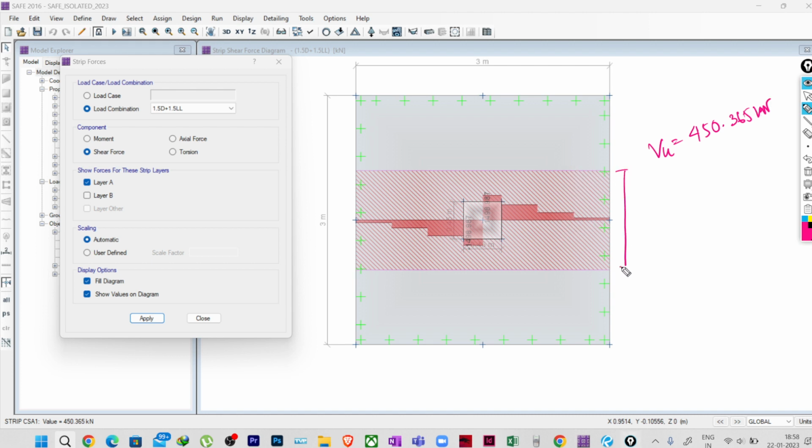Now this is for how much width? It is for 1200 mm width, but we want this to be for 1 meter width. What is the shear force per meter width? So this 450.365 kilonewton needs to be divided by 1.2 meter, so that we get the force in kilonewton per meter.